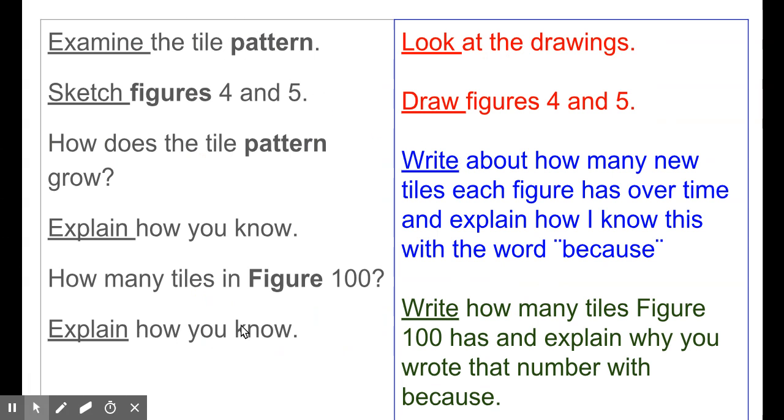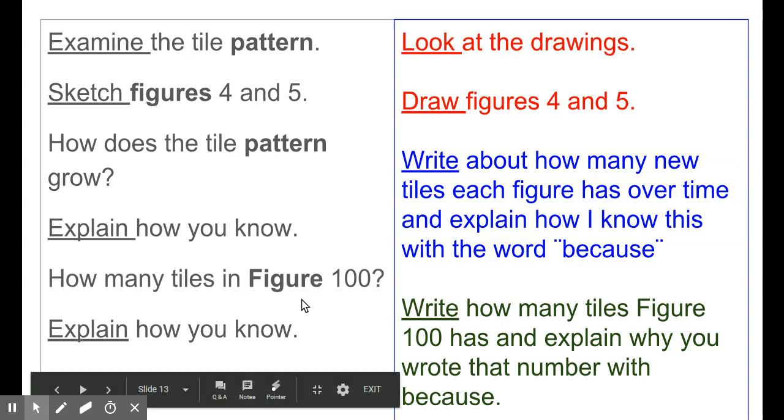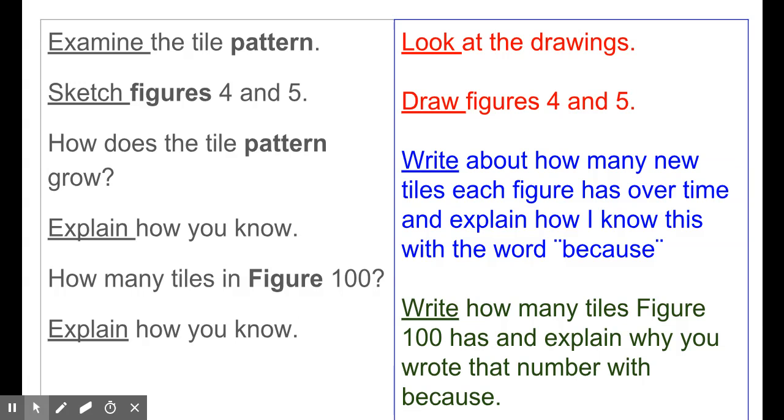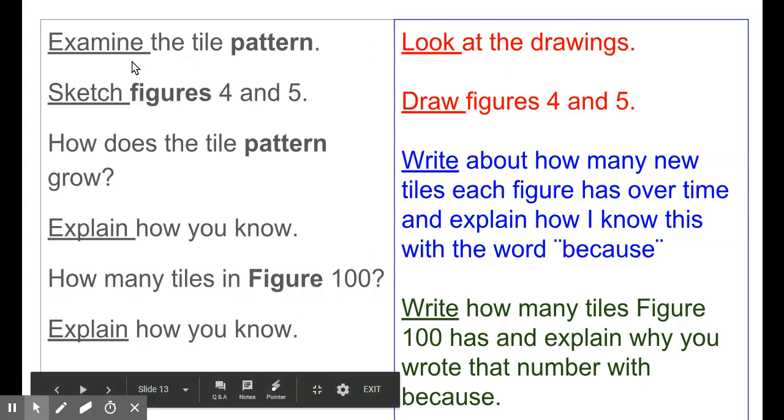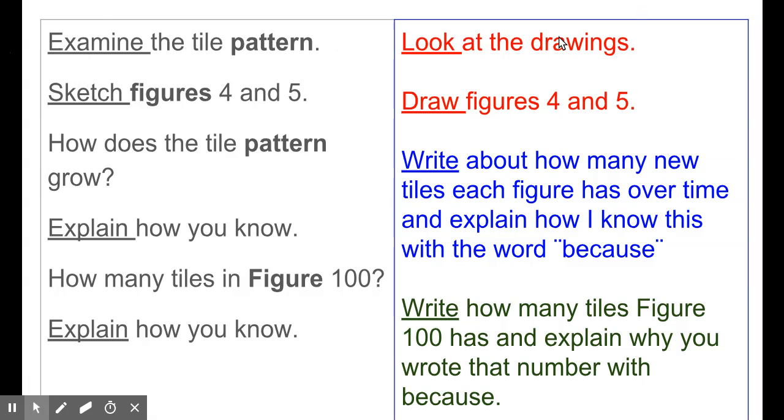So now that we've got those, we're going to look at the vocabulary of the question and figure out what we need to know. One of the biggest challenges is learning the math language and now putting it in our own words. So examine really means to look. So for examining the tile pattern, it just means, first of all, look at the drawings.